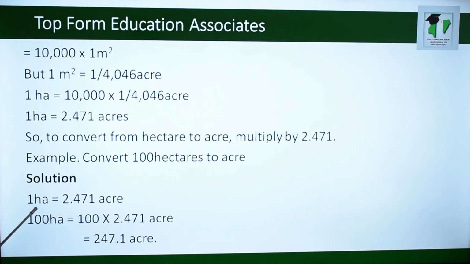Solution: 1 hectare equals 2.471 acres. Therefore, 100 hectares will now give us 100 times 2.471 acres, and that gives you 247.1 acres. Is that okay?